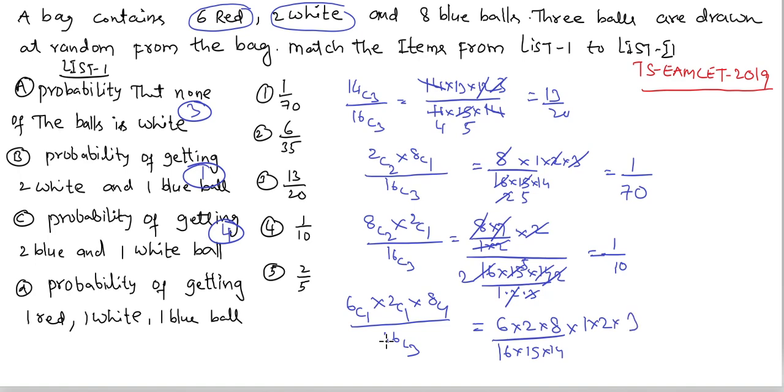So this 8 2 times cancelled, this 2 cancelled, 2 7 times cancelled, and 3 5 times, that is equal to 6 by 5 into 7, 35, 6 by 35. D is mapped to second option.